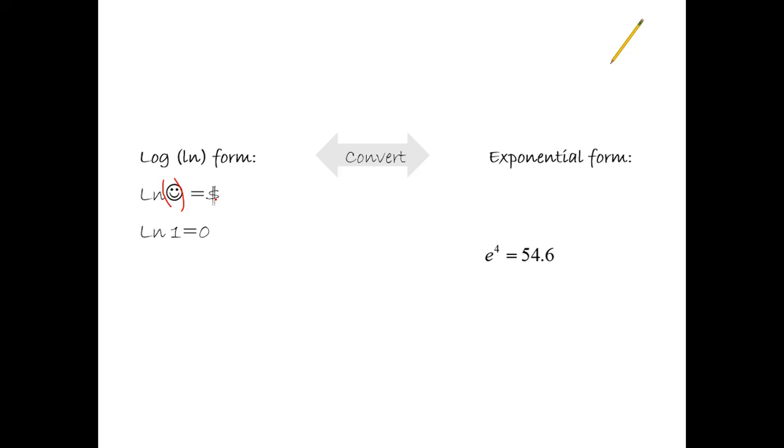So I'm going to take the base of my ln, which would be e, to the $, equals smiley face. Okay, so I could put a little e down there if I need to. Then let's convert this one. So it would be based on my ln, which is e. So e to the 0 is in fact 1.